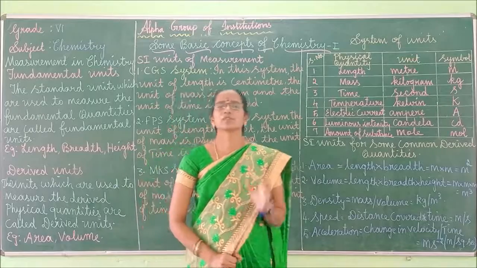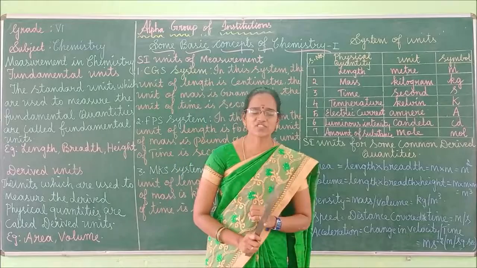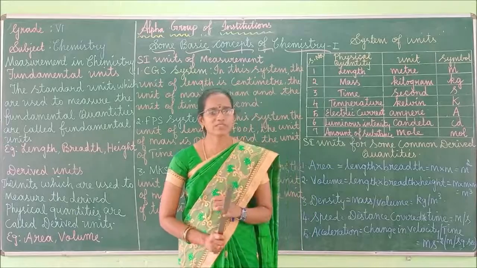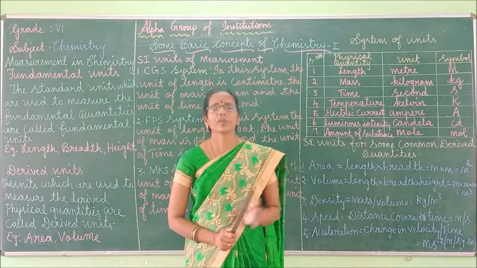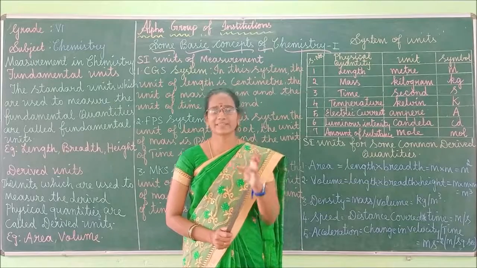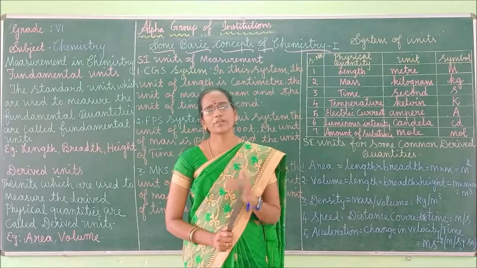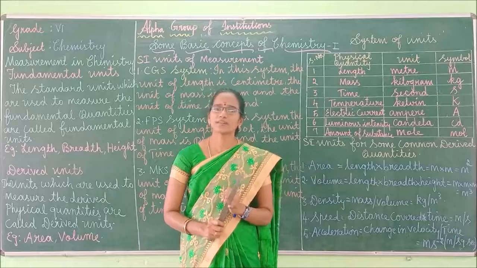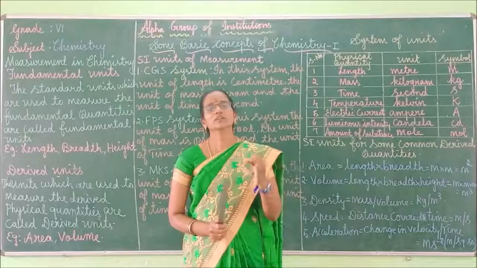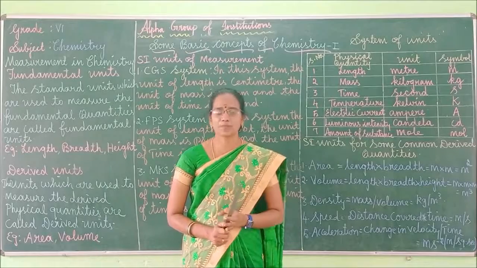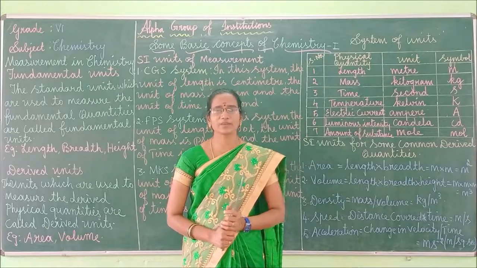Got it, children? Okay. So in this section, what are the things we discussed? One is about the mixture. What are the two types of mixtures? Homogeneous mixture and heterogeneous mixture. Next we saw some preliminary techniques to separate the mixture. What are the preliminary techniques we saw? One is filtration, second is sublimation, third is the distillation process, followed by the magnetic separation method.